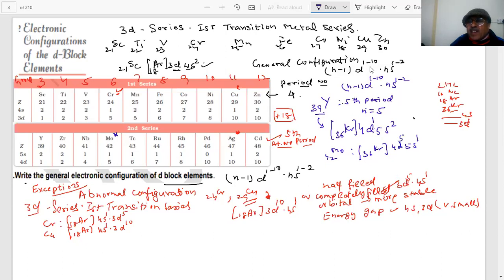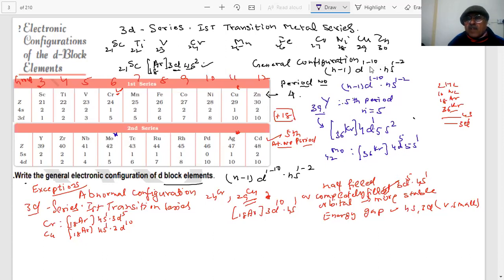Right? n minus 1, 5 minus 1, 4. This is the correct configuration of molybdenum. In the MCQ question, they will give you 4 choices. Student, you have to be careful now. You see the exceptions? Similarly, you can write for silver.